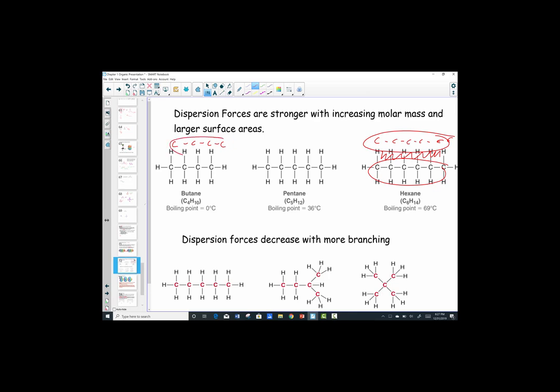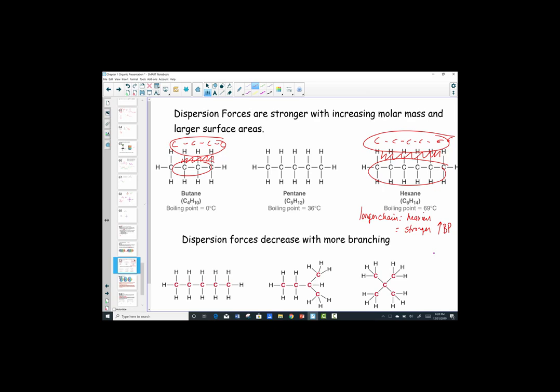If you have a shorter surface area, there is not as much area to interact to create these temporarily induced dipoles. So the longer the carbon chain, the heavier it is, the stronger the London dispersion forces are. The more energy it would take to raise the boiling point, right?